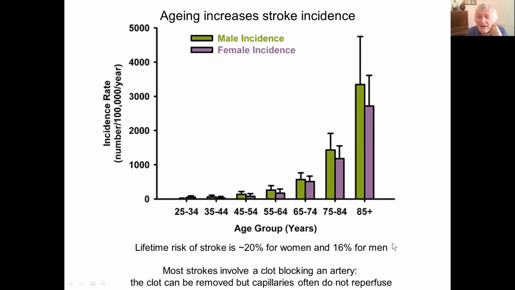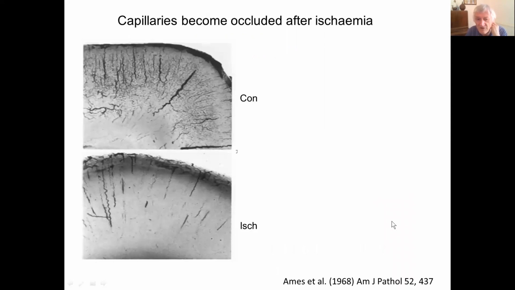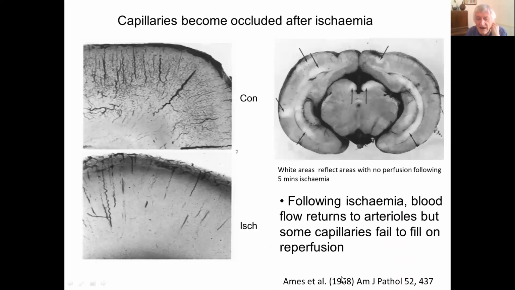And that's because men die earlier doing other stupid things like smoking, riding their motorbikes too fast, you know, the kind of thing. Now, most strokes involve a clot blocking an artery, which you can remove. If you're rushed to hospital, they will remove the clot from the artery and they'll say, job done. But it turns out the capillaries often do not reperfuse. This was shown by Adelbert Ames back in the 1960s.